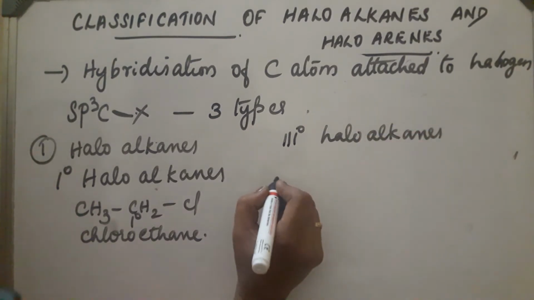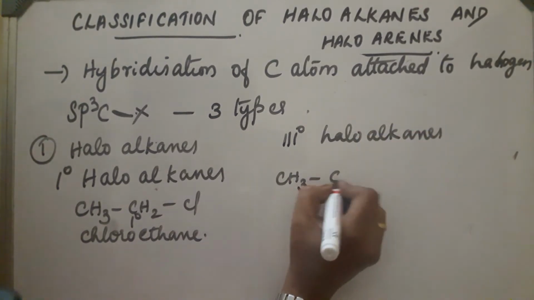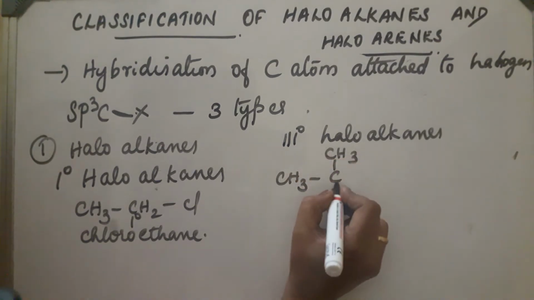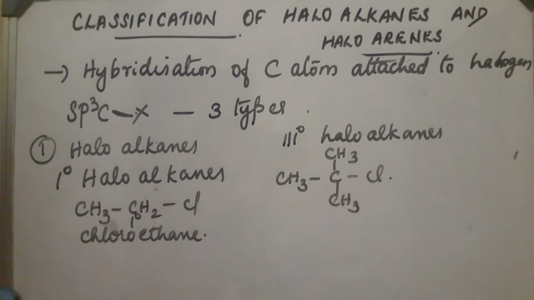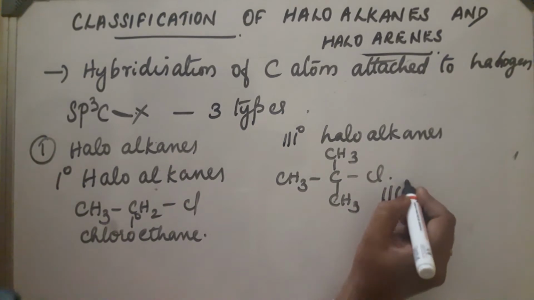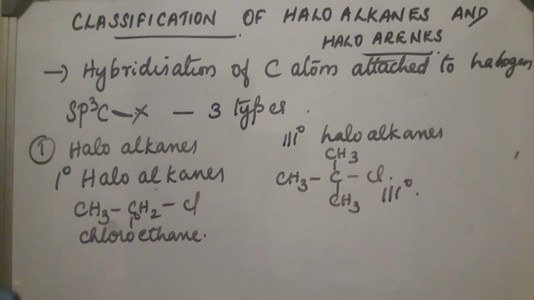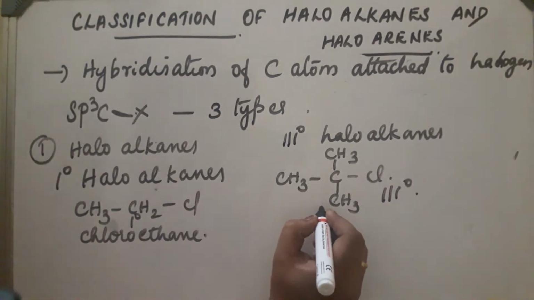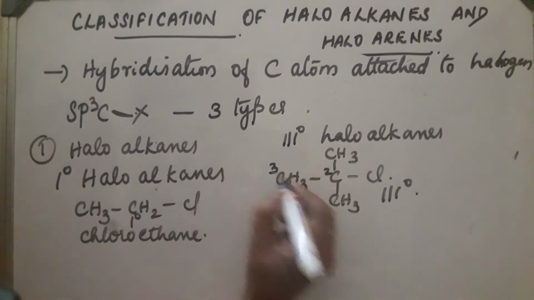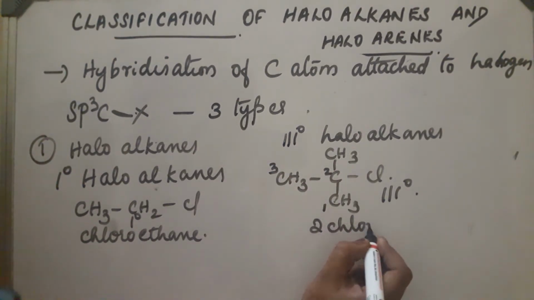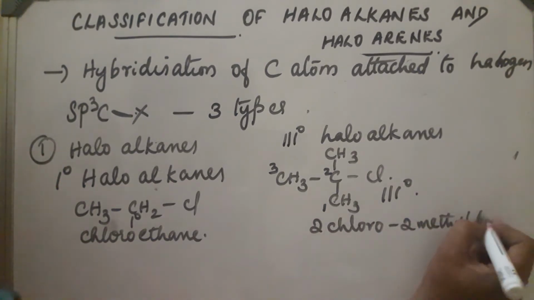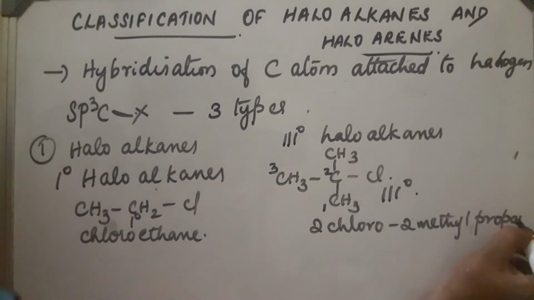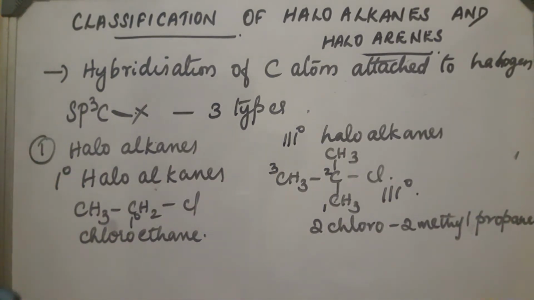Let us take one example, (CH3)3CCl. Here, the carbon atom attached to the halogen atom is tertiary, so this is called a tertiary haloalkane. The name of the compound is 2-chloro-2-methylpropane. This is the first category.